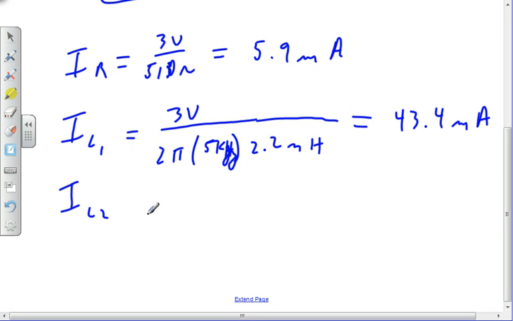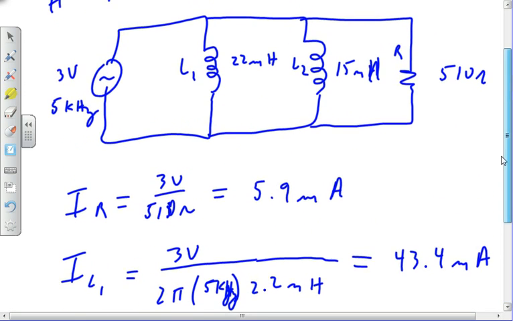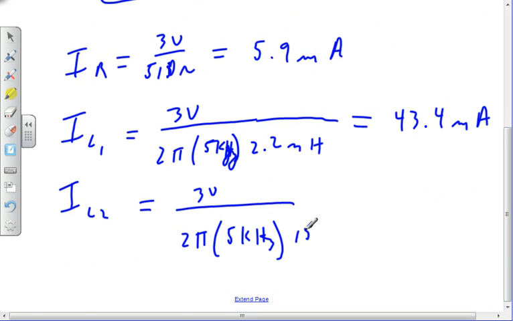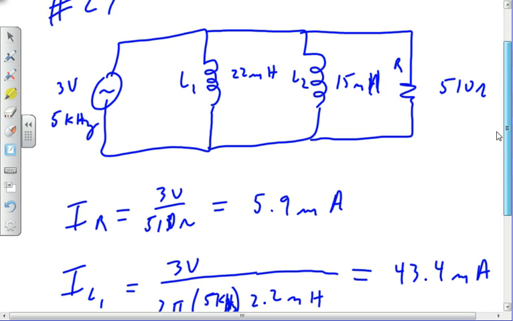All right, L2: 3 volts divided by 2 pi, 5K, times 15 millihenry. Was that 2.2 or 22? That's 22, isn't it? All right.